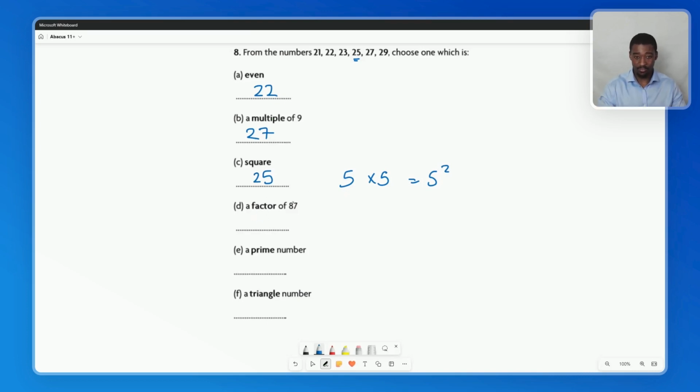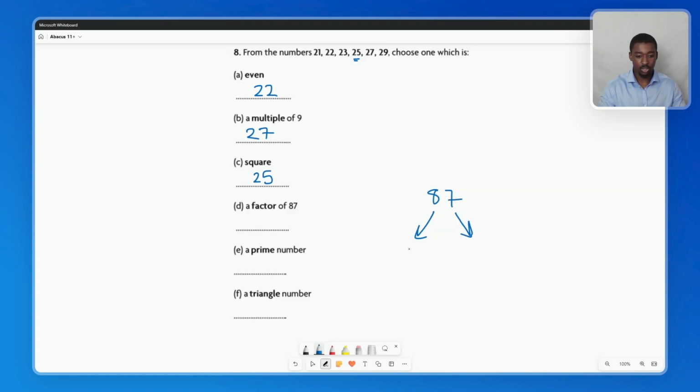And then we have D, a factor of 87. So now factors go down. For this, we're trying to work out the numbers that go into 87. If we have 87, what numbers can we multiply together to give us 87?